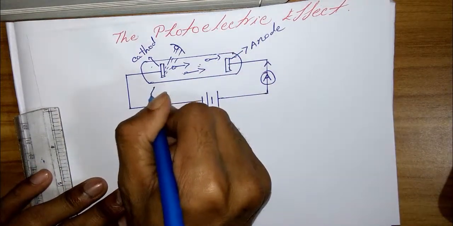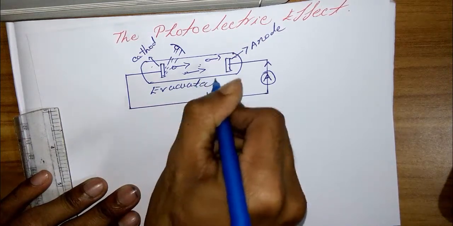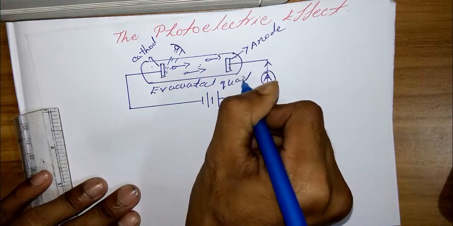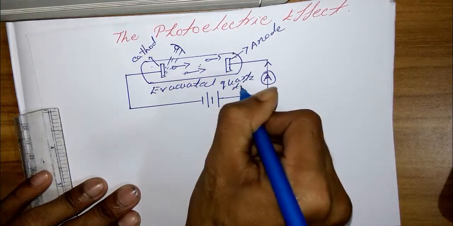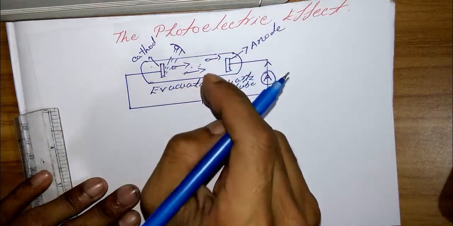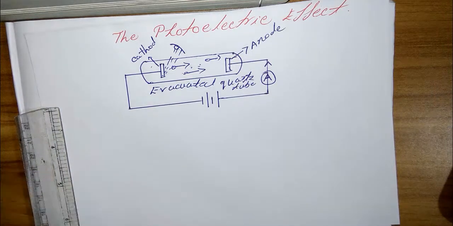That's the quartz tube. So recall that when an electron moves through a different voltage, its potential energy changes by eV.